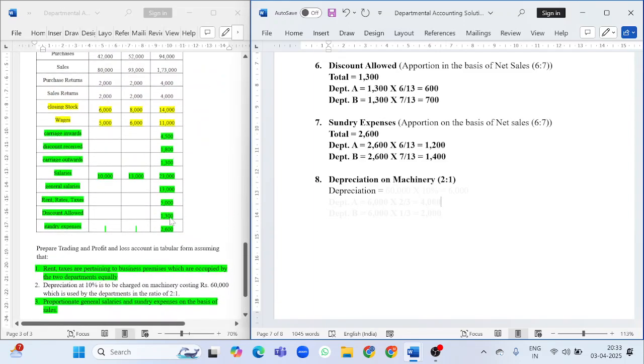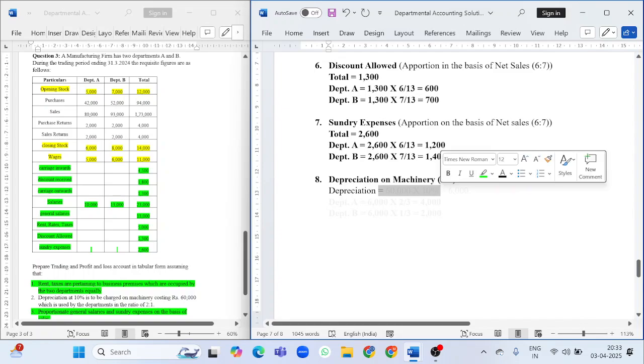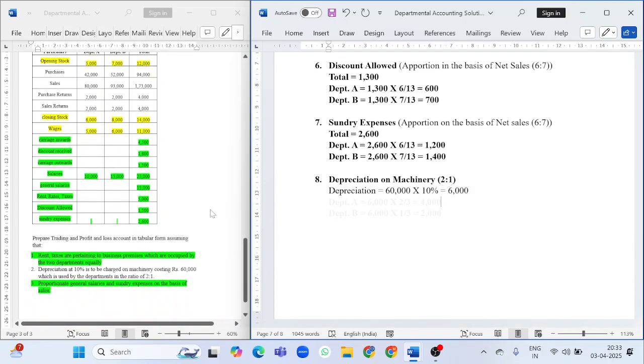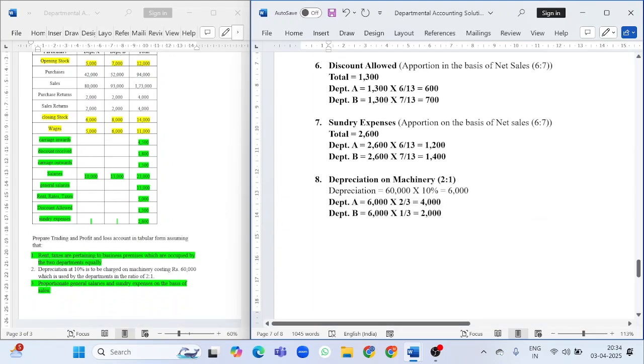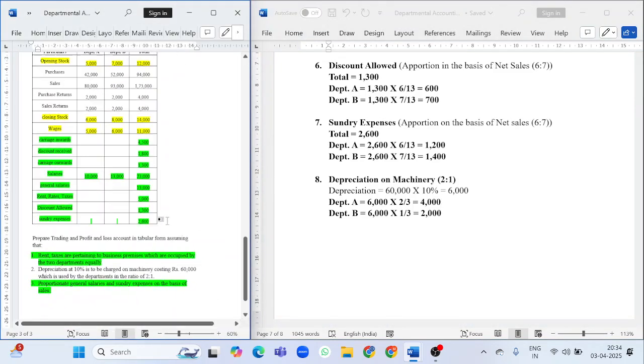The value of machinery is 60,000 rupees into what is the rate of depreciation? It is 10%. If I calculate 10% on 60,000, the total depreciation will be 6,000, and this has to be divided in the ratio of 2:1. So department A, it will be 6,000 into 2 by 3, and department B, it will be 6,000 into 1 by 3. Clear?